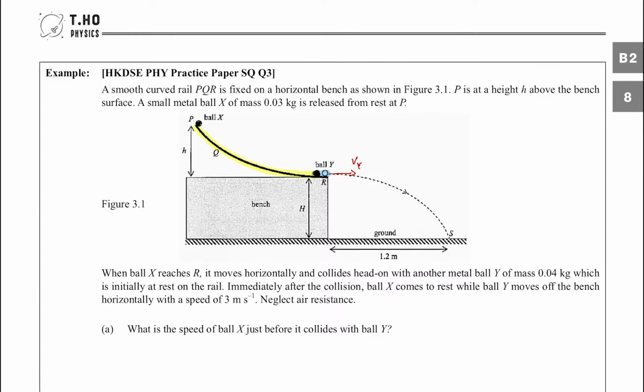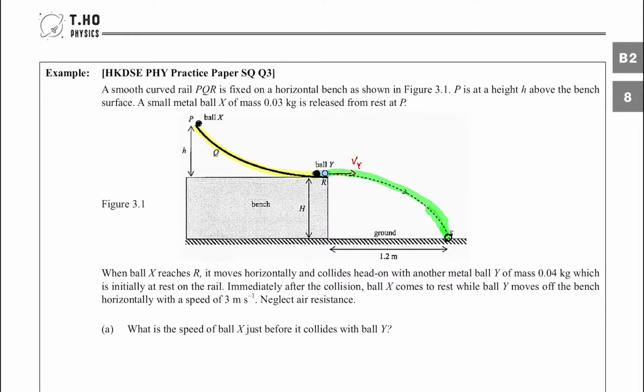And the third part of the motion is that ball Y would follow the projectile motion until it hits the ground at point S.